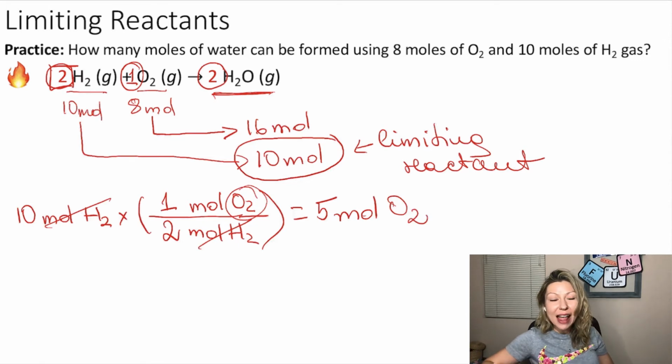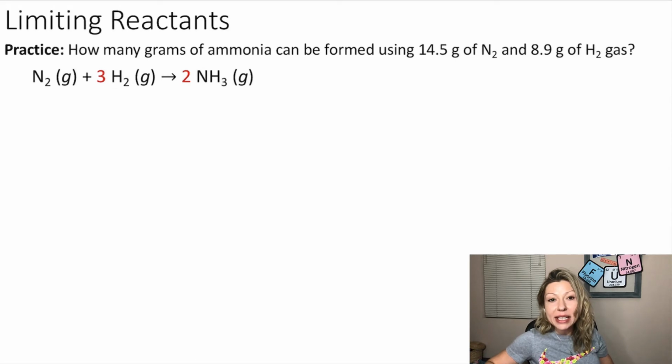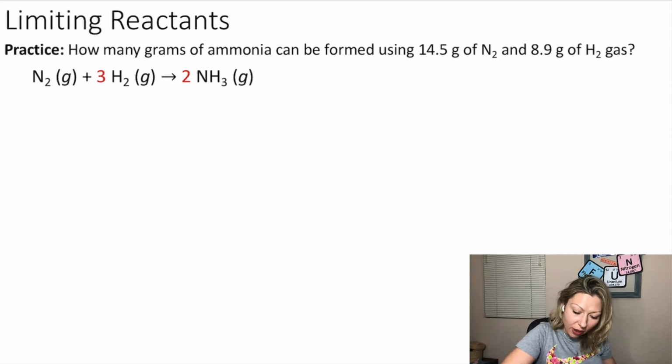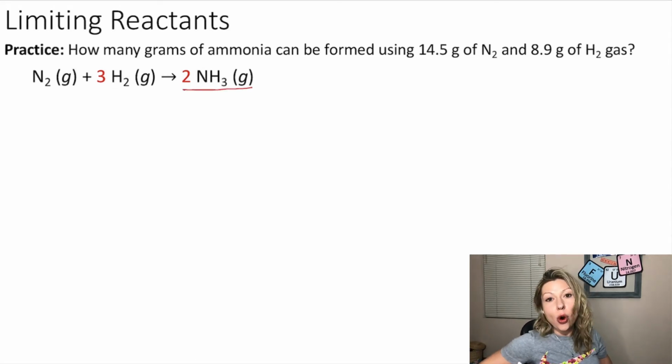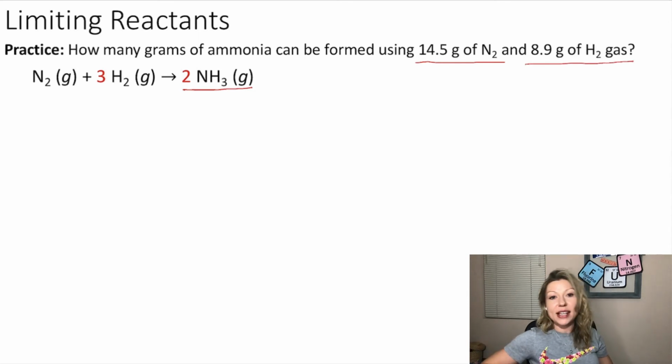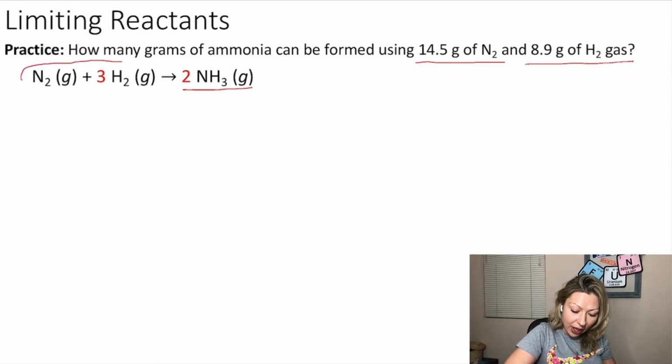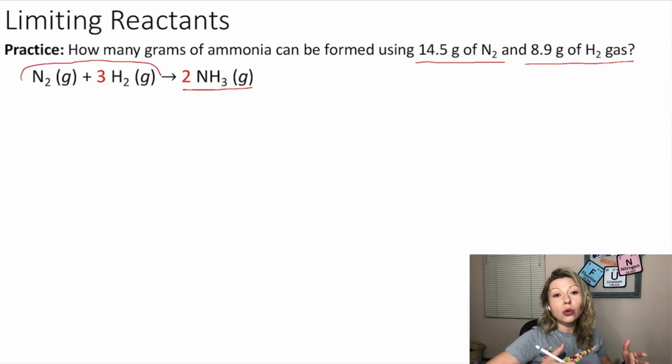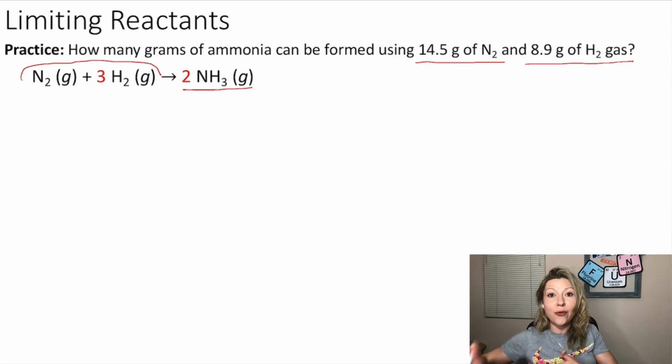Okay, let's do another example. How many grams of ammonia or NH3 can be formed using 14.5 grams of N2 and 8.9 grams of H2 gas? Notice that in this case, not the moles are given, but actually the grams. So I can use the grams of my reactants N2 and H2 to calculate the grams of ammonia that I am forming.